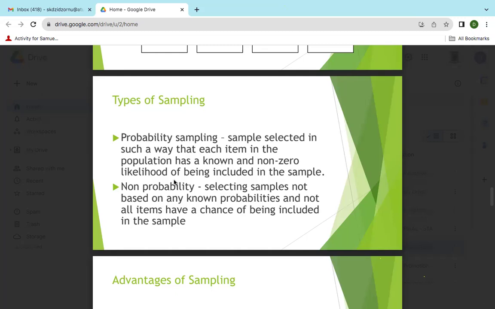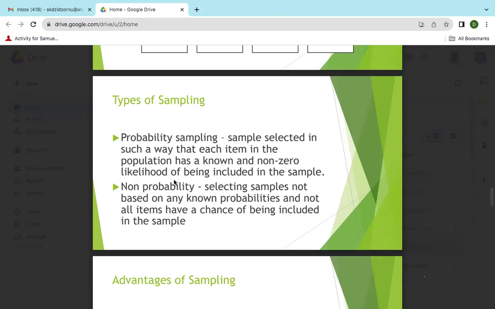So you realize that in general, probability sampling in essence is more scientific, whereas non-probabilistic sampling is not as scientific. For probability sampling, we're interested in providing the units within the population an equal chance or an equal representation, possibly.